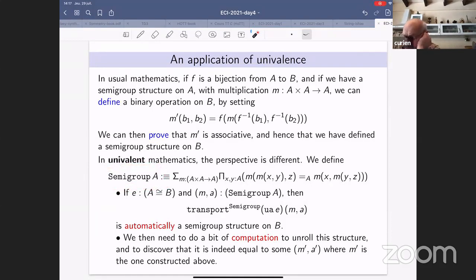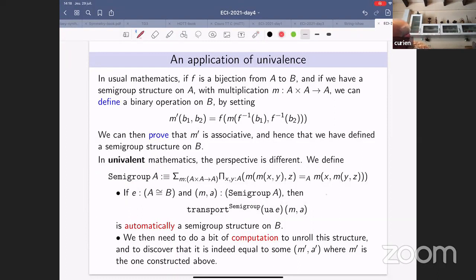Well, semigroup means just to have one binary operation, so an M of A times A to A. And then you just assume that this operation is associative. So you also provide a proof that for each x, y and z you have an equality between x multiplied by y multiplied by z, and x multiplied by y multiplied by z with the other bracketing.